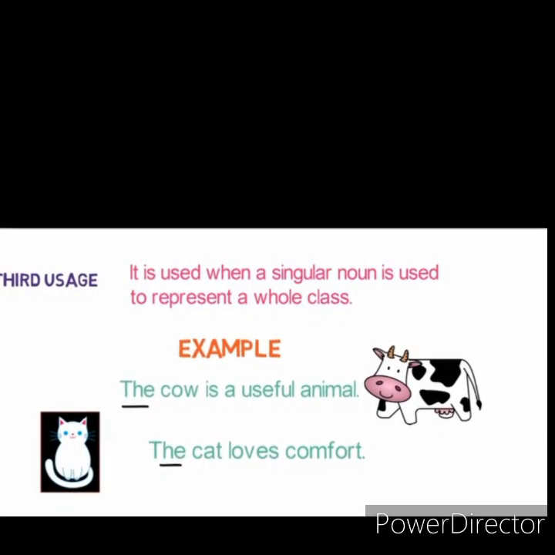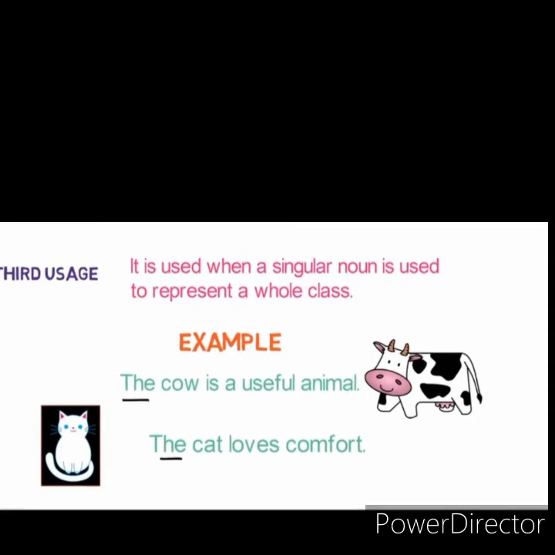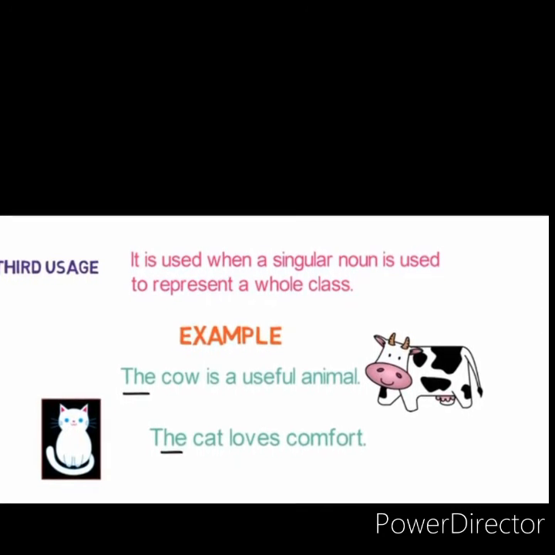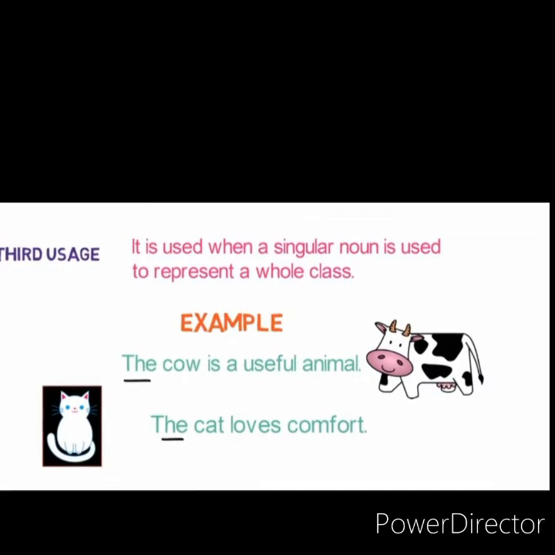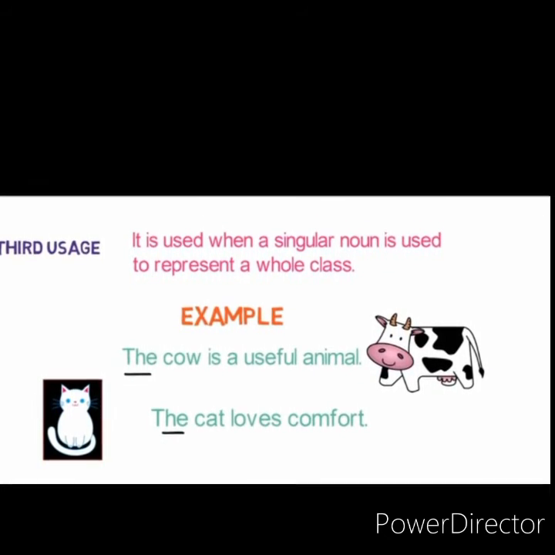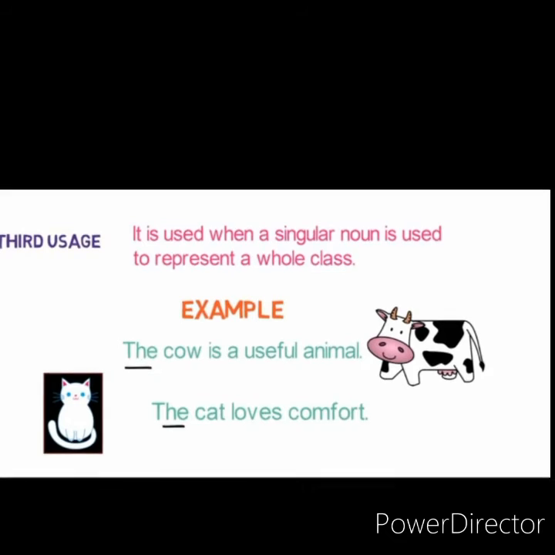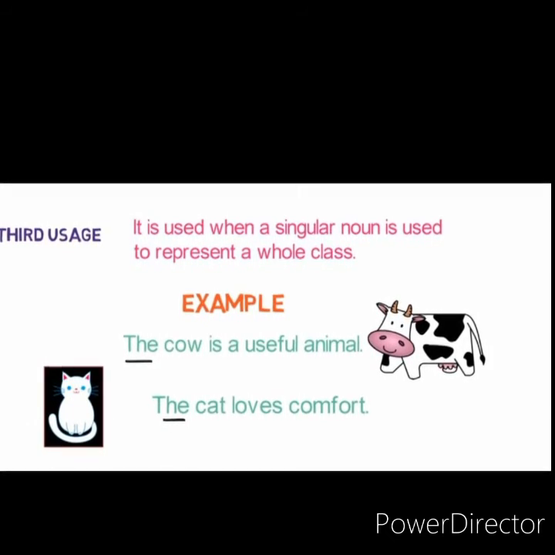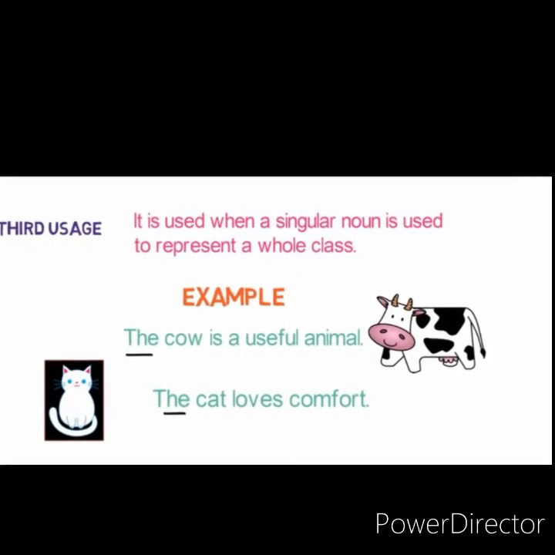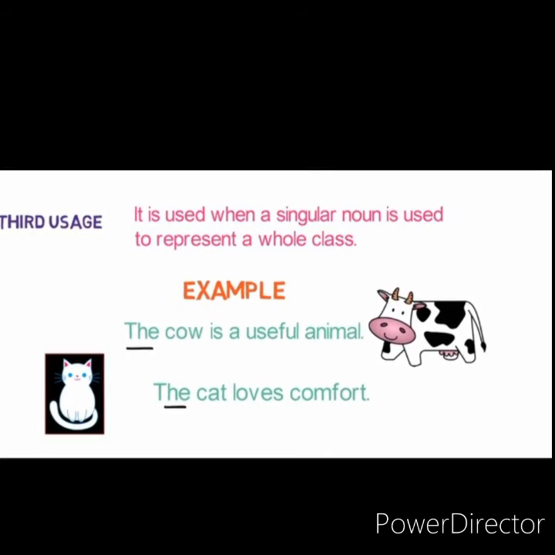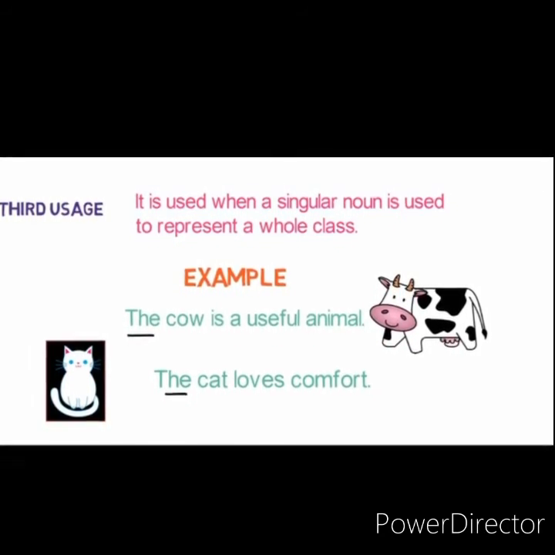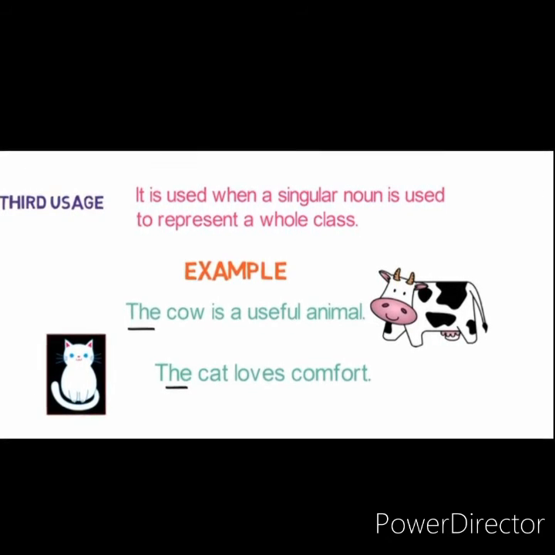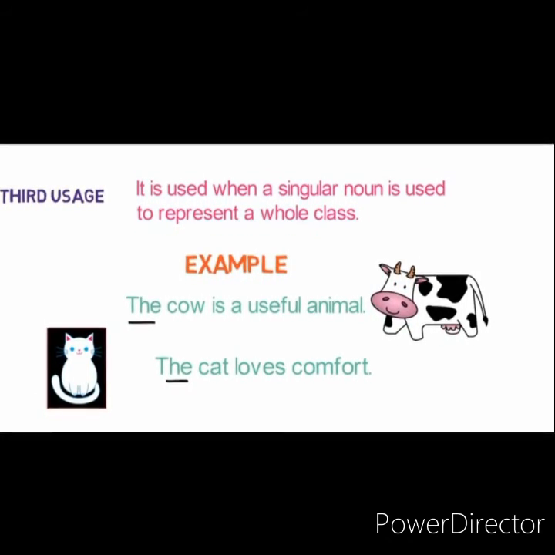Here we have used article the because we are talking about the whole class of cows. So over here cow is representing the whole class of cows. Similarly, the cat loves comfort. So over here also we are talking about the whole class of cats. So that is why we have used article the.